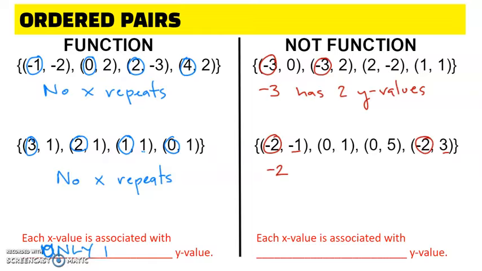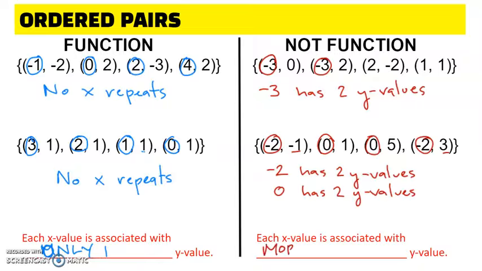That's not allowed. Negative 2 has 2 y values. When I look at 0 as well, 0 has 2 y values. As soon as an x repeats, it is no longer a function, because that means each x is associated with more than one y value. So we're looking for those x's.